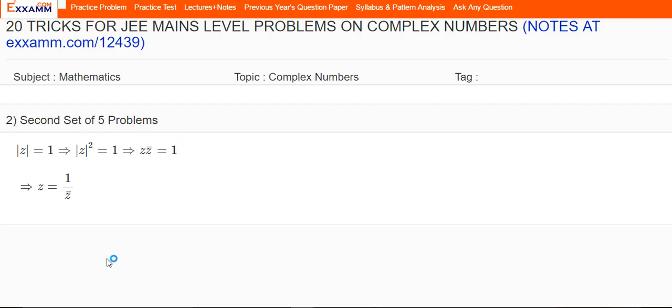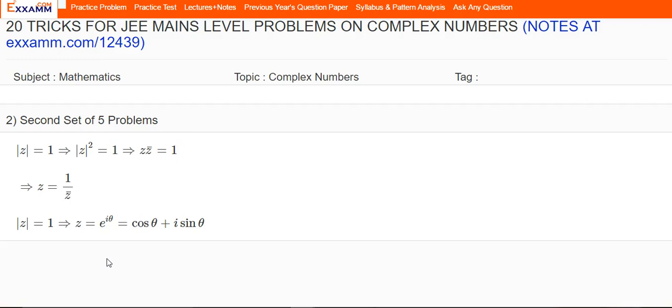Now another way to deal with such problems is that when modulus of z is given to be equal to 1, then z can be taken as e to the power i theta, that is cos theta plus i sin theta. It is obvious that if the modulus of z is 1, then in z is equal to r e to the power i theta, r would be equal to 1.